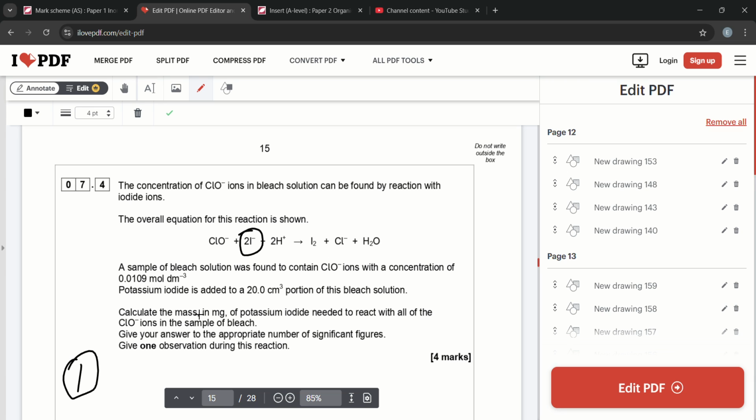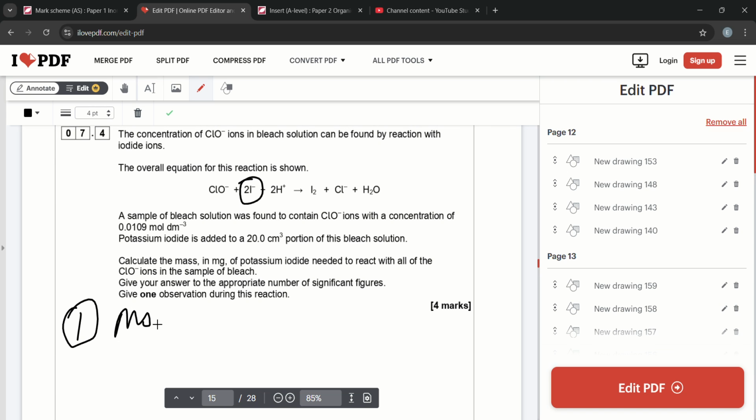Well, we can find out the moles of ClO-.